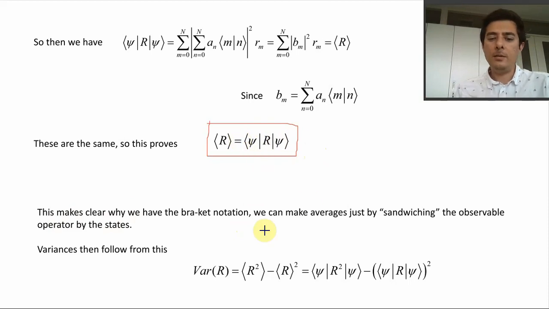And we can calculate variances and standard deviations in exactly the same way. So the variance of a quantum observable with respect to a quantum state would be equal to, of course, the average of R squared minus the average of R all squared, and that's just equal to that according to this formula.